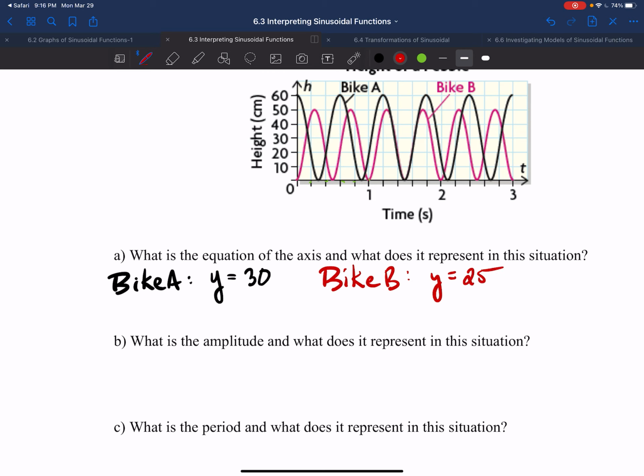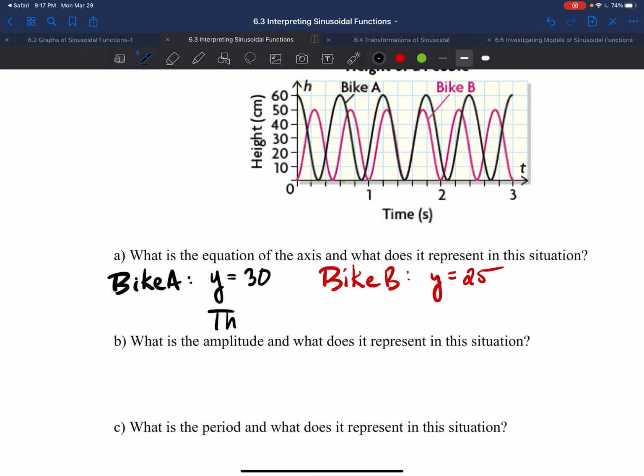So what does that represent in this situation? It's the middle of the tire. So whenever you have something circular, like a tire or a Ferris wheel or a windmill or whatever it is, it's the middle.